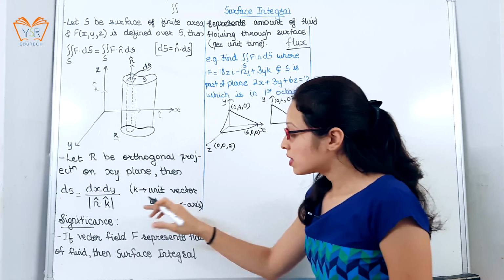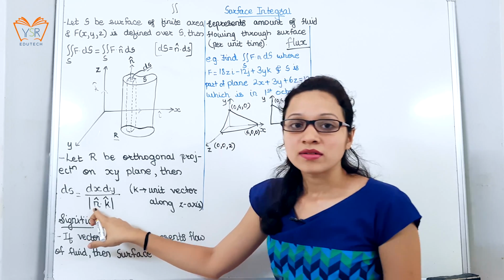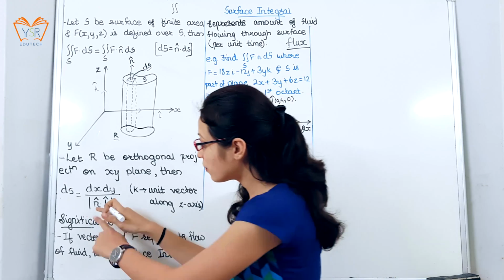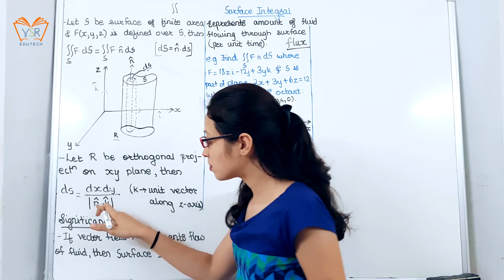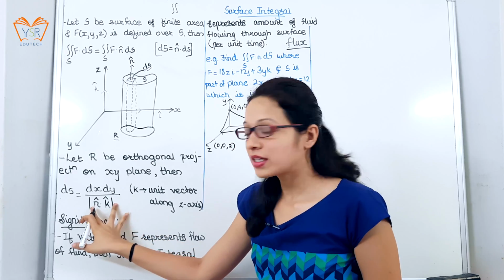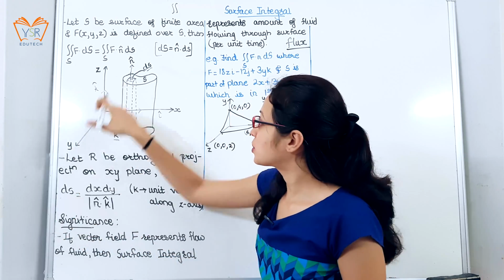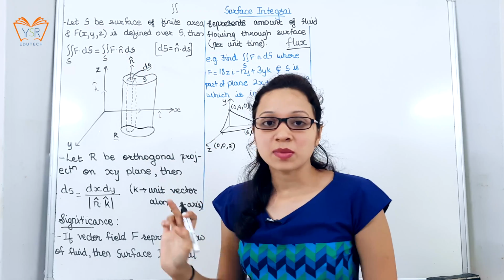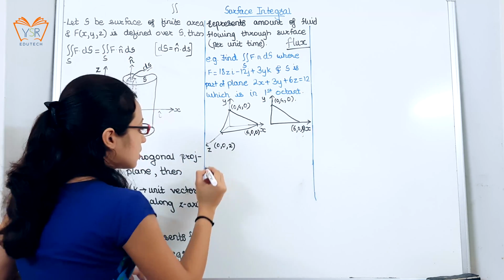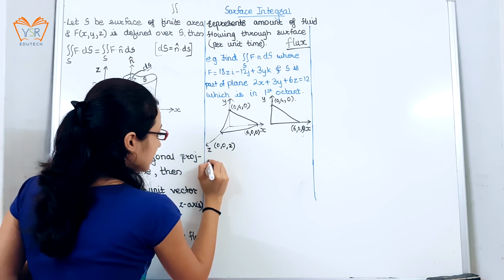We'll start the example by finding the value of n cap. We'll find the value of n cap, then we'll take its dot product with k and find the magnitude of this. Then we'll find the value of dS, substitute here and then we'll expand the integral. Let us go by finding the n cap.